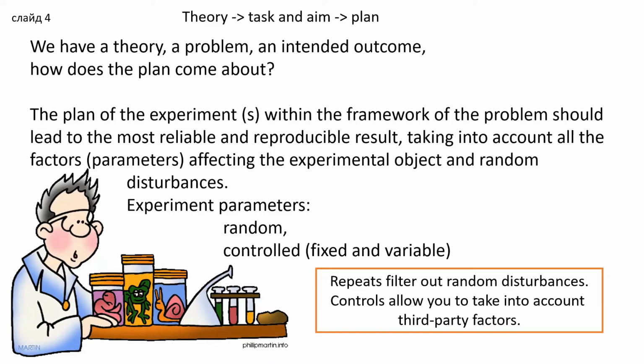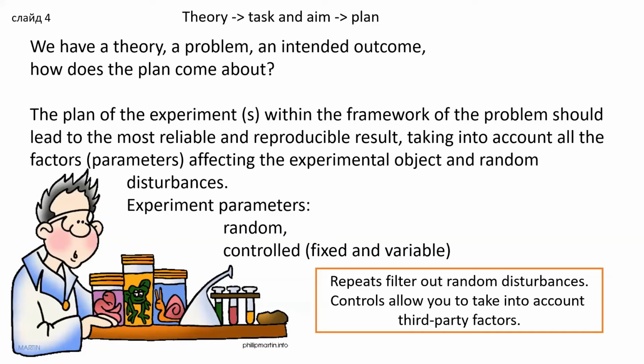So all the experiment parameters should be connected to the controls you are going to run. Because if you just run the experiment without control, you'll have problems with proving whether your experiment really demonstrated an answer, whether there was an answer, whether the answer was good. So experimental parameters can be divided into random, that you cannot really control, and controlled, which you can fix and vary.